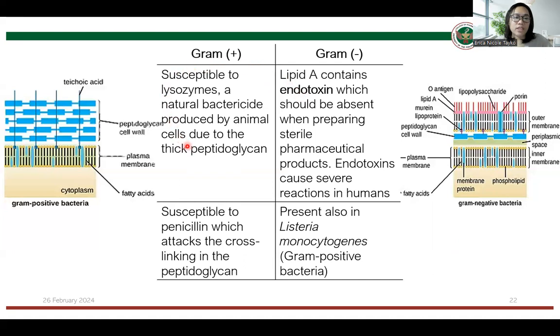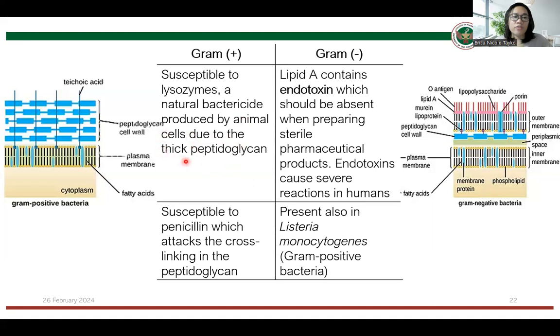Kasi in fact, the thick peptidoglycan cell wall of your gram-positive bacteria also contributes to it more susceptible to lysozymes. So, for example, your nag-infect sila ng cell, ng host cell or animal cell, that naturally there is a bactericide in the form of your lysozymes sa mga animal cells. And they also attack the peptidoglycan cell wall.